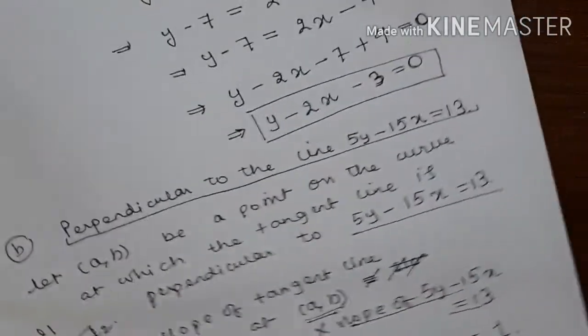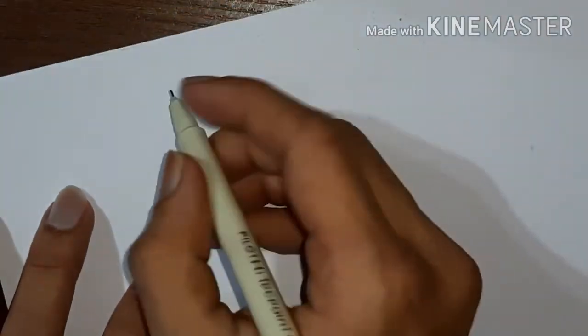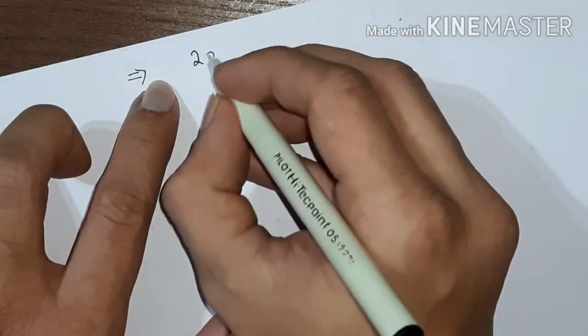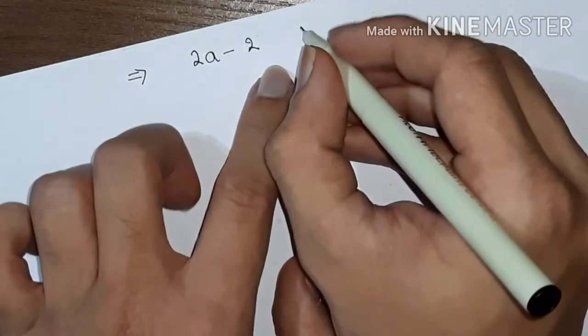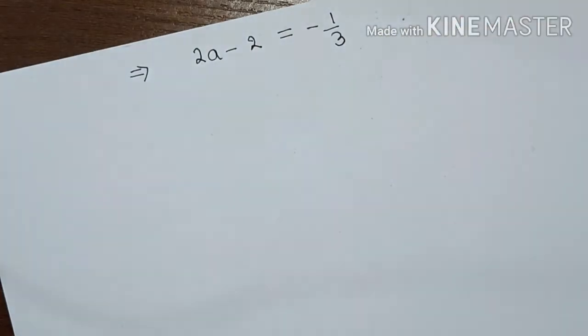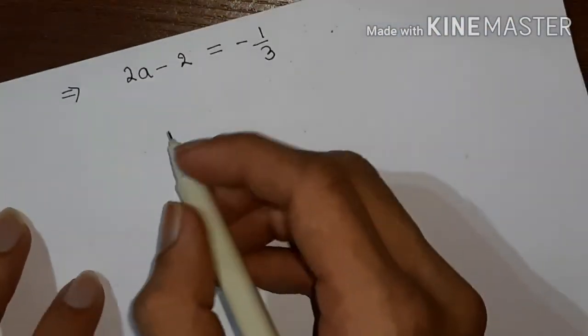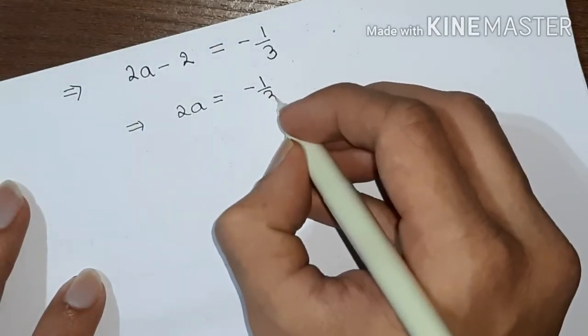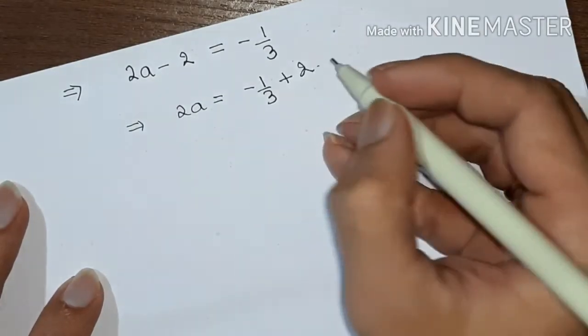So 2x minus 2 at x equal to a, because there is no y term, equals minus 1 divided by 3. Now if we substitute x equal to a in dy by dx, it is 2a minus 2 equal to minus 1 divided by 3.